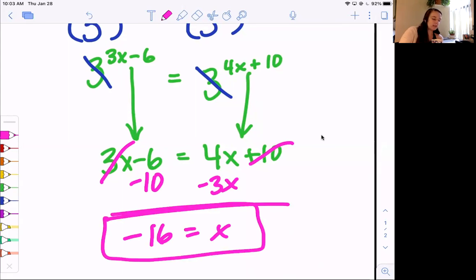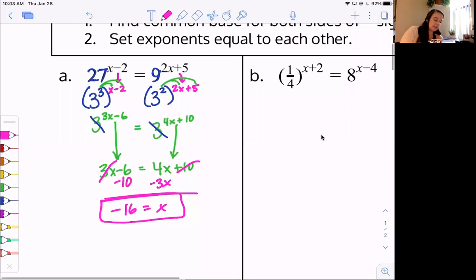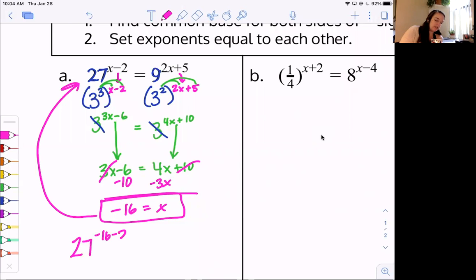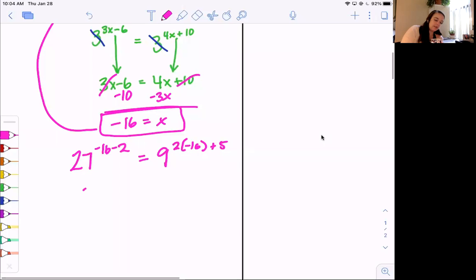You can check it. What you would do to check is take the -16 and plug it back in here. So 27 to the -16 minus 2 should be equal to 9 to the 2 times -16 plus 5. So that means 27 to the -18 needs to be equal to 9 to the -32 plus 5, -27.